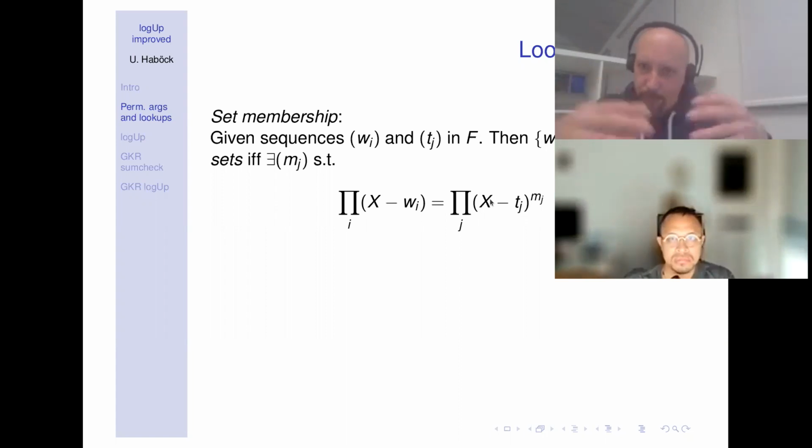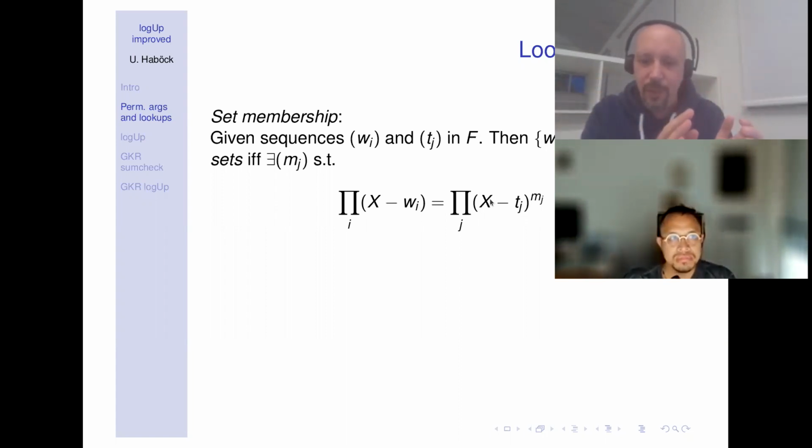If you now try to pull that over to encoding elements as roots of polynomials, you need to take the multiplicity of how often a table value occurs in the witness sequence as the exponent.